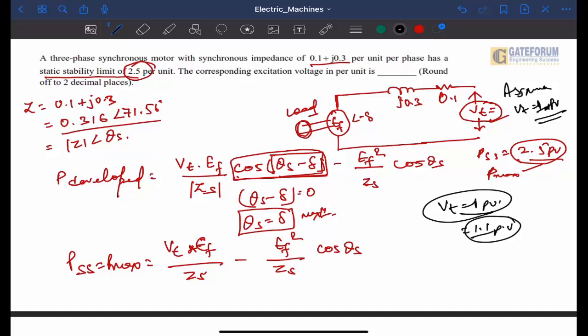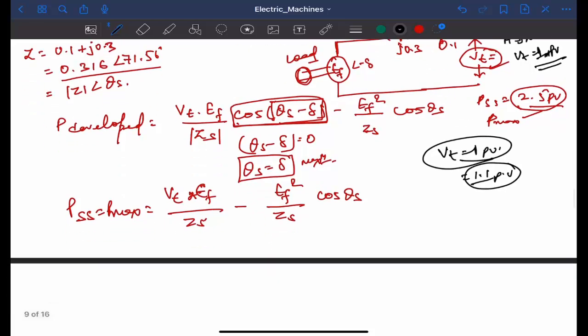So there is a high chance that you will get marks without solving. That means it may become MTA. But I will solve it using terminal voltage equal to 1 pu.